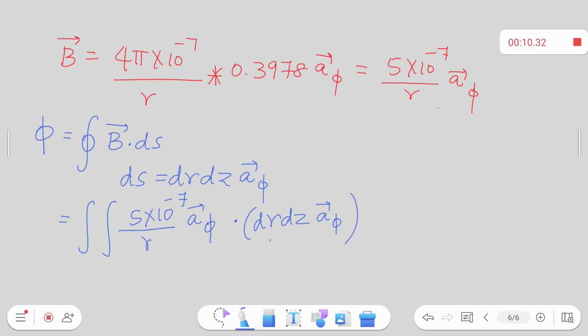If I simplify, my integration is 0 to 2 along the z-axis and 0.01 to 0.05 along the r-axis, 5 into 10 power minus 7 by r into dr dz. So now I need to integrate this.